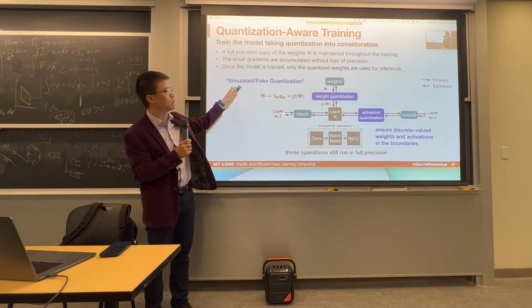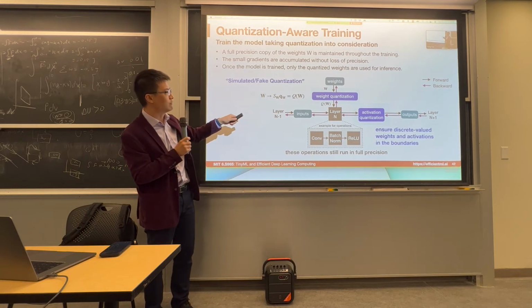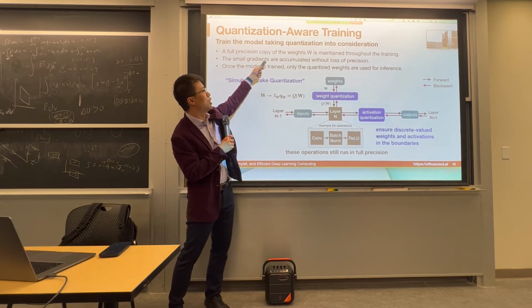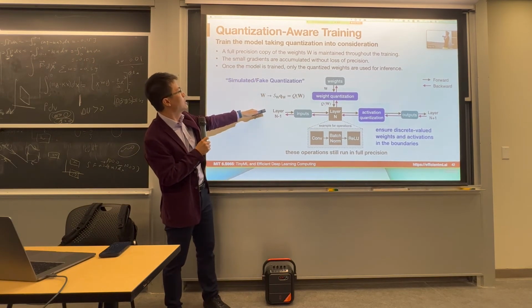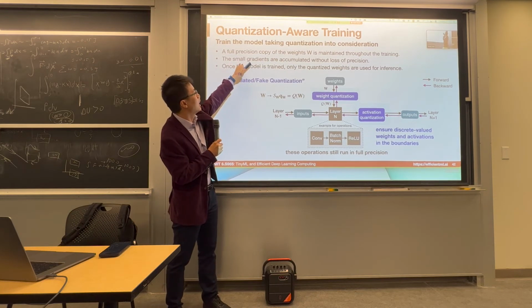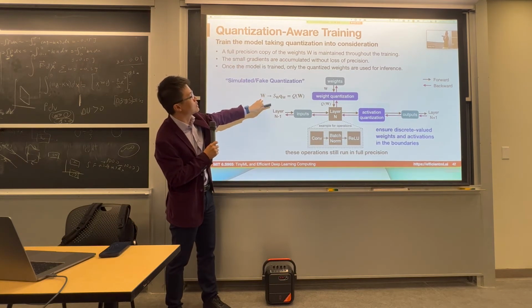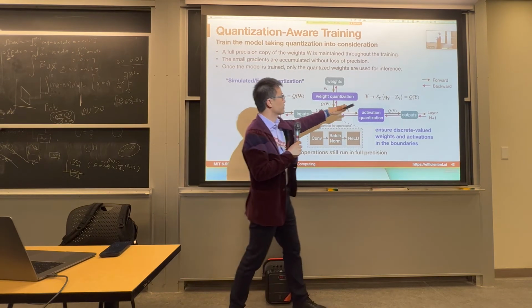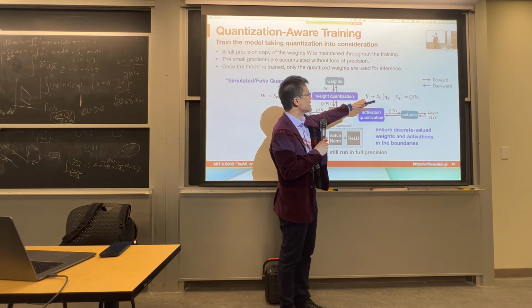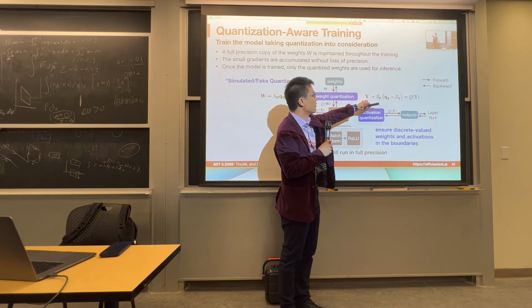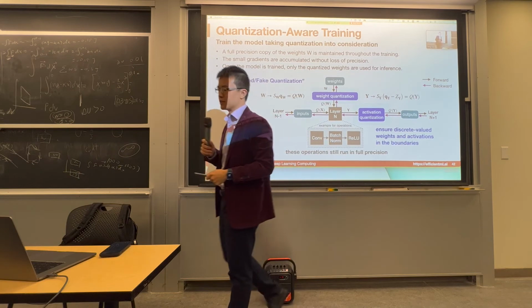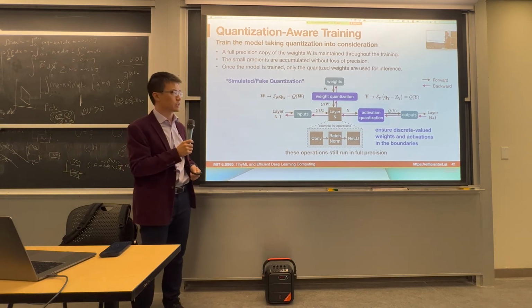Back to our discussion about the quantization graph. We maintain this floating point, full precision copy of the weight in the back so that we can accumulate this small gradient to this W. Similarly for the activations, we maintain this floating point copy, which simulates this quantized version minus the zero point times the scaling factor.